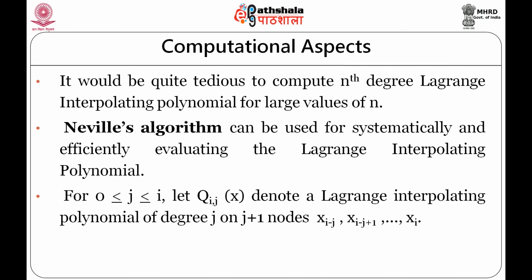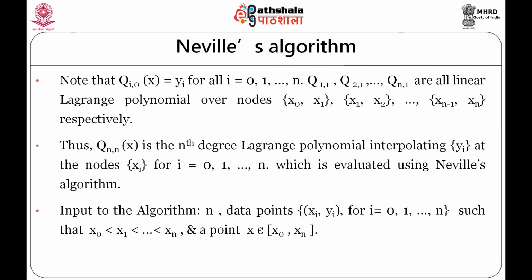There will be totally j plus 1 data points, and over these j plus 1 data points we can get a Lagrange interpolating polynomial of degree j. That polynomial is denoted by q_ij(x).